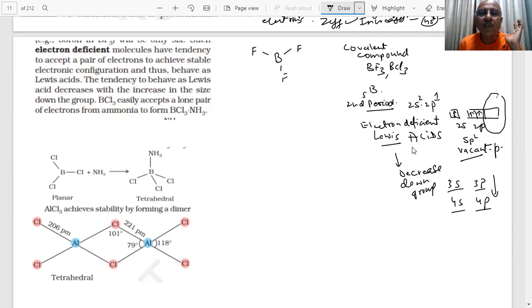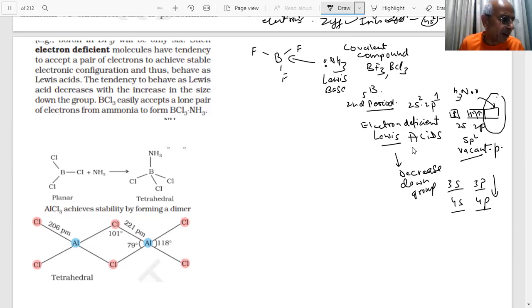Okay, now what is the story? It needs a pair of electrons. Then who will give a pair of electrons? Those which are Lewis bases. Tell me. Lewis bases. Yes, sir. Okay, this electron pair can be donated here. Student, nitrogen, for example, has a lone pair of electrons. The vacant orbital is there.